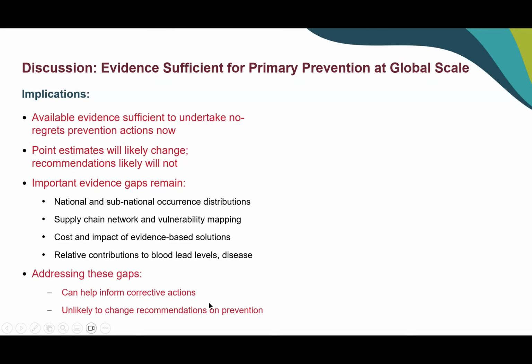However, like we said, there's really very low likelihood that any additional evidence we're going to get is going to change the fundamental recommendations on primary prevention, which is that to the extent that governments and implementers are able to prevent new water systems from being constructed with lead-free parts, that's very likely to reduce the occurrence of lead in drinking water. And it's unlikely that any further evidence we get would cause us to make a different recommendation about that, if that makes sense.